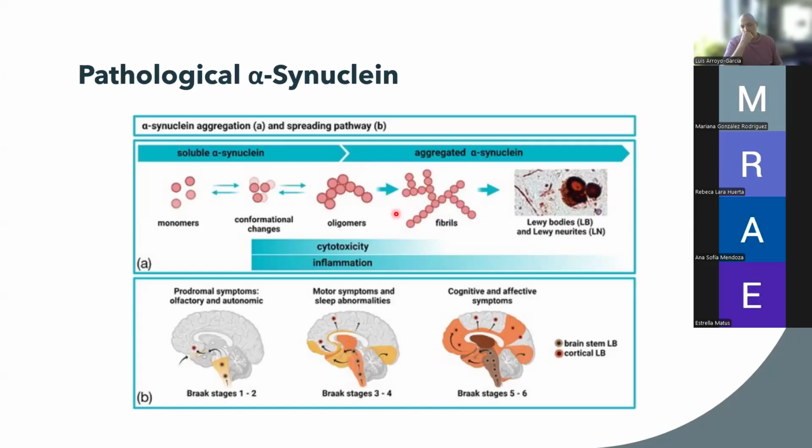Alpha-synuclein is important for mitochondrial function, so after the mitochondria is damaged, the process of degrading the alpha-synuclein aggregates is more complicated because we don't have the normal function in the mitochondria.